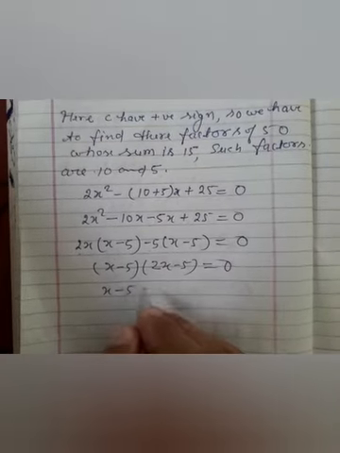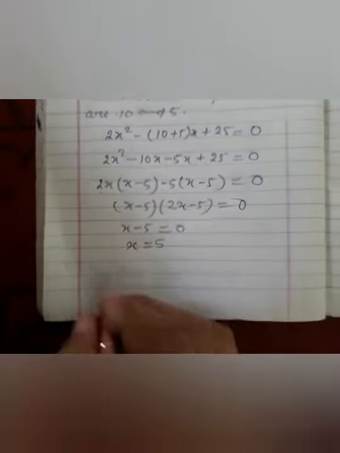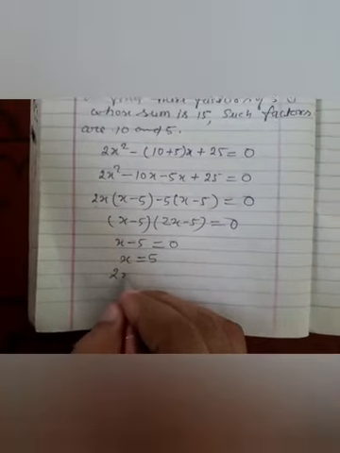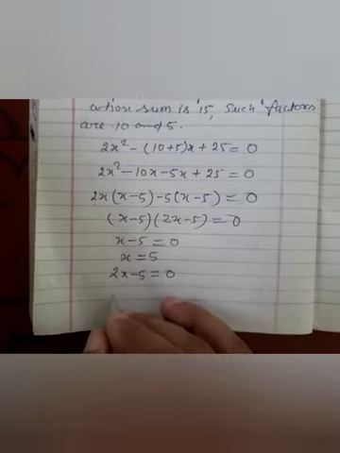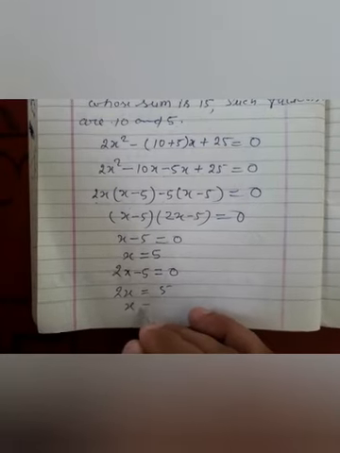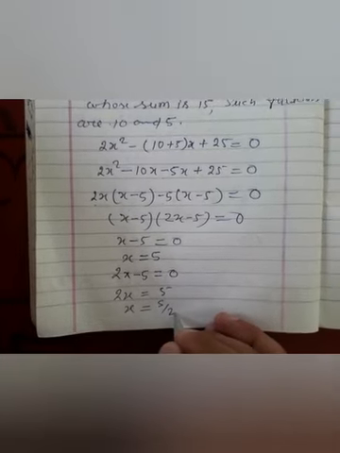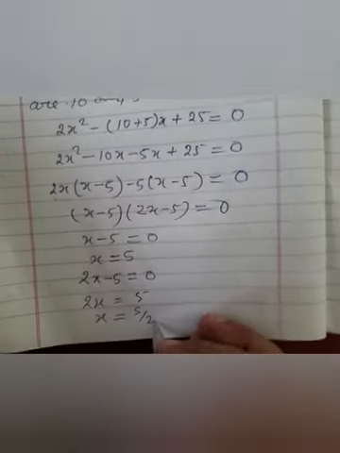So this one is right. x minus 5 is equal to 0, so x is equal to 5, and second, 2x minus 5 is equal to 0. So 2x is equal to 5, x is equal to 5 by 2. x is equal to 5 by 2.